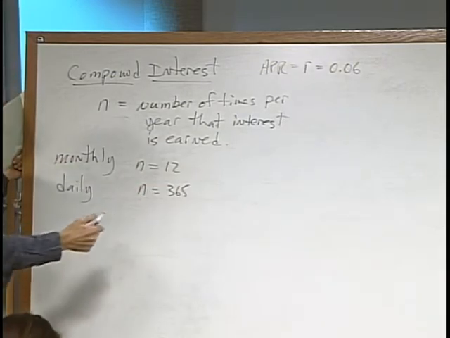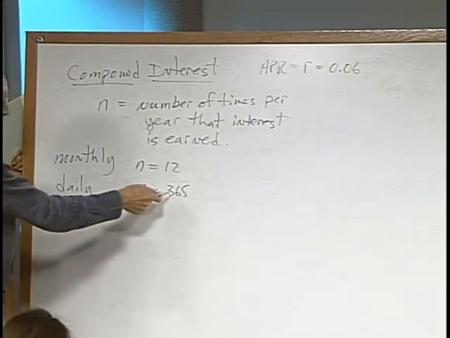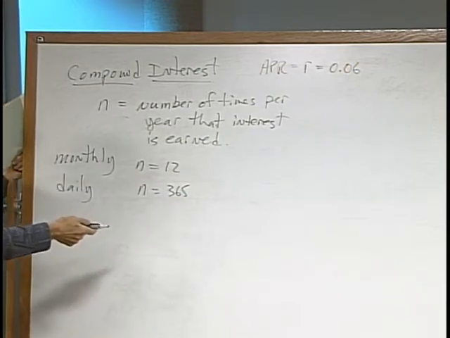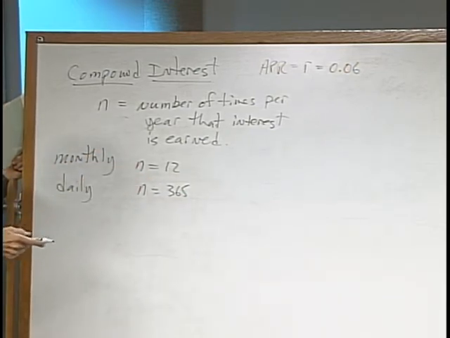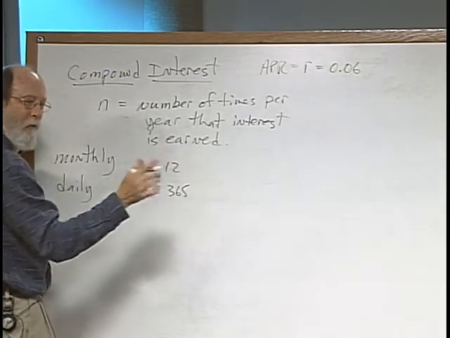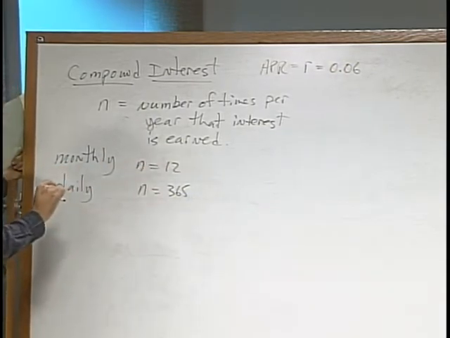No, that doesn't make much sense. I mean, I would jump at that if they give me 6%. Or matter of fact, if they give me 6% every day, I'd jump at that real quick. That would be almost like something illegal, probably. Okay, everybody agree?